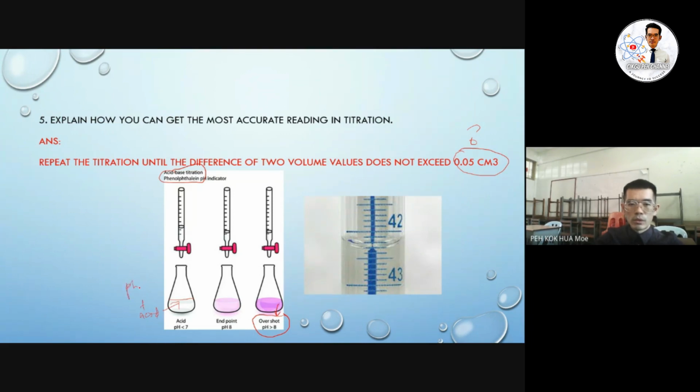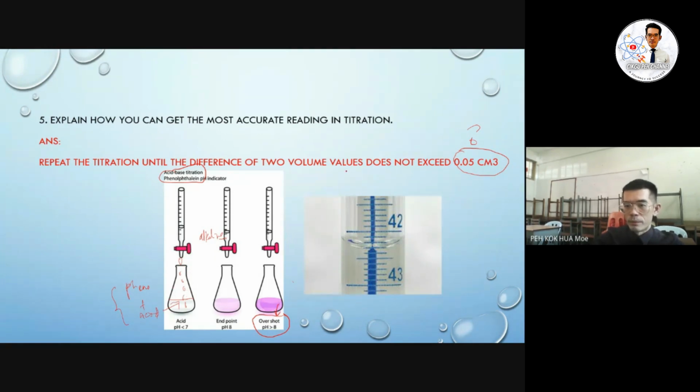So we need to add the alkali drop by drop so that it reaches neutralization. We must make sure that the last drop is the end of the neutralization process.